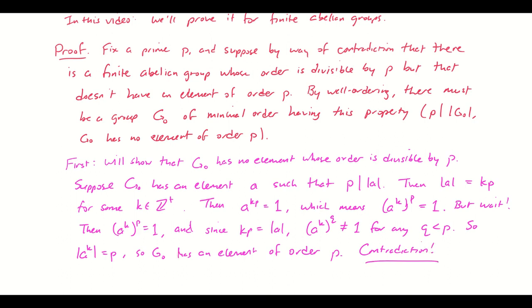And I'm just going to keep track of this over here on the left in the margin, because I think this might be a good thing for us to know more broadly. So what this shows is if we have an element whose order is divisible by p, then there's also an element of order p.